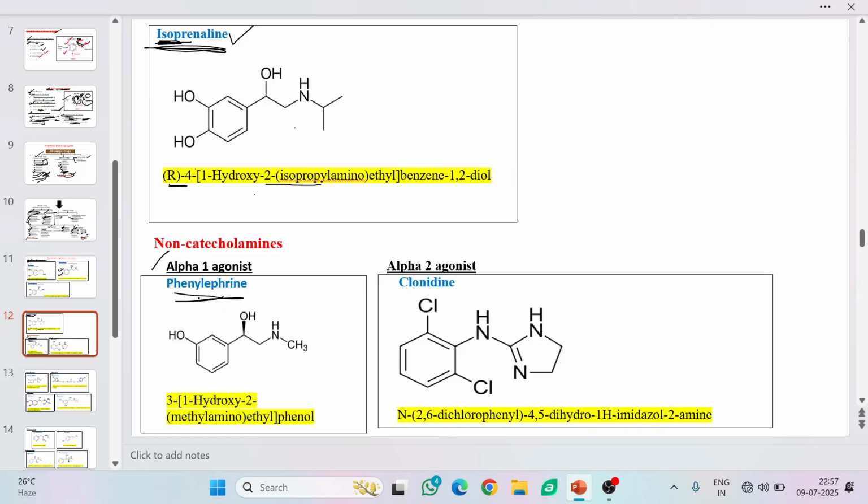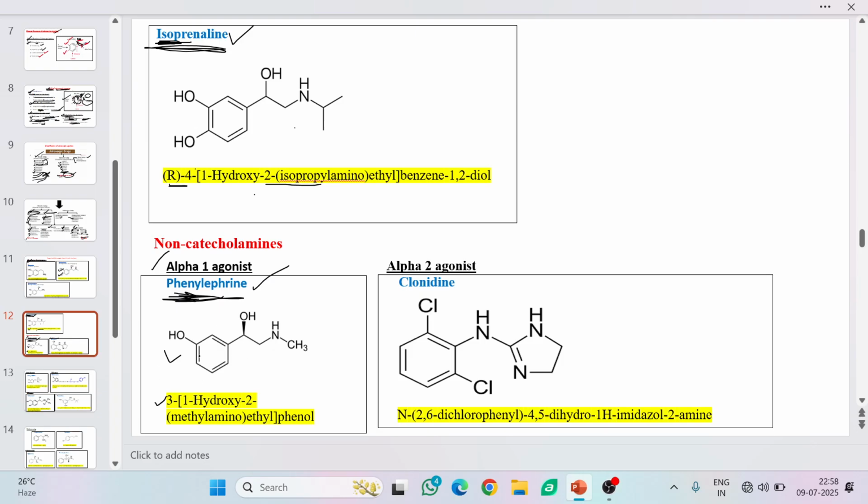So this is an important drug, alpha 1 agonist phenylephrine, because it is used as a nasal decongestant. Nasal decongestant के रूप में ये use होता है. So we will see the structure and their basic IUPAC name. Okay, so phenylephrine नाम से ही क्या पता चल रहा है? Phenyl group इसमें है, phenylephrine. Okay, so we will see the structure.